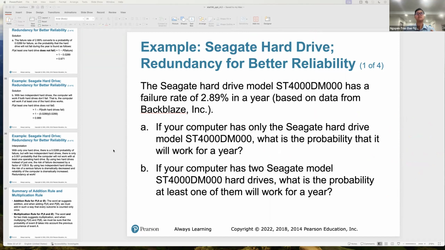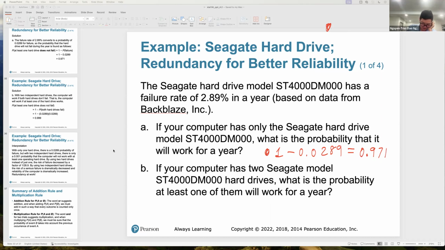But with two independent hard drives, there is only a... Remember in the first problem, when you calculated the probability that it will work for a year, you get 1 minus 0.0289, so it gives you 0.971.